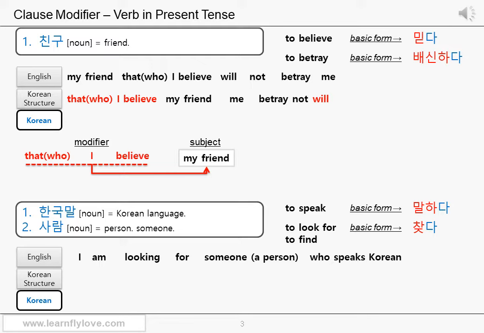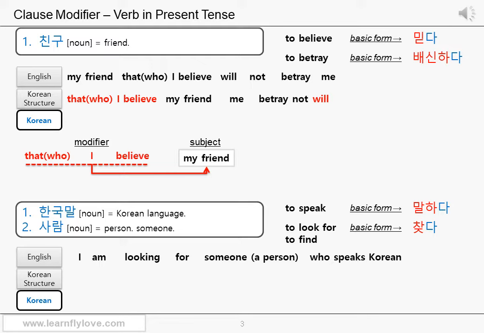Well, you can position not first, like not betray will. If it's too hard for you to translate betray not will, because there will be more letters in it. It will make sense too, but maybe it's because of the fact that the main verb is a noun plus 하다 verb. It goes better with betray not.